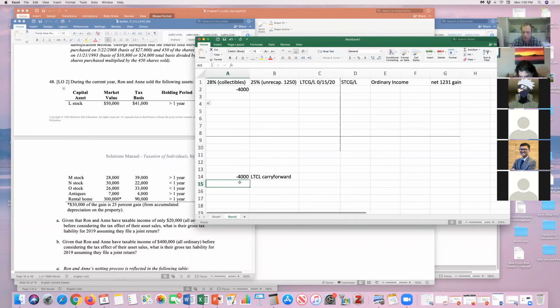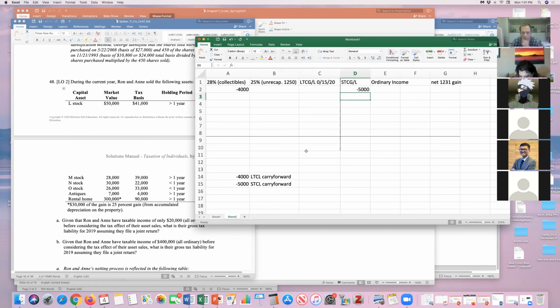And what if we're told, you get these carry forwards because you can only deduct up to $3,000 in 1 year, somebody has a $5,000 short-term capital loss carry forward? That's always going to start here in the short-term column.